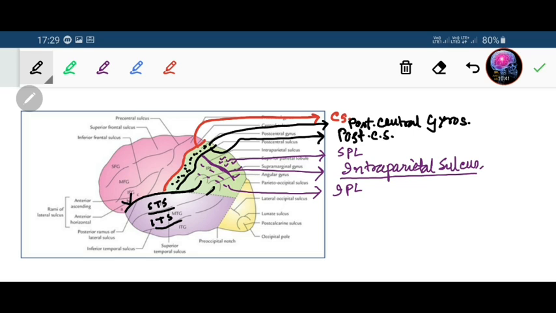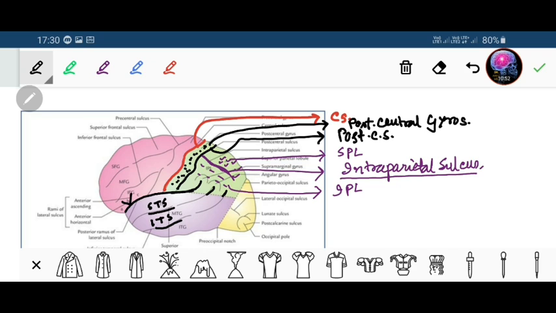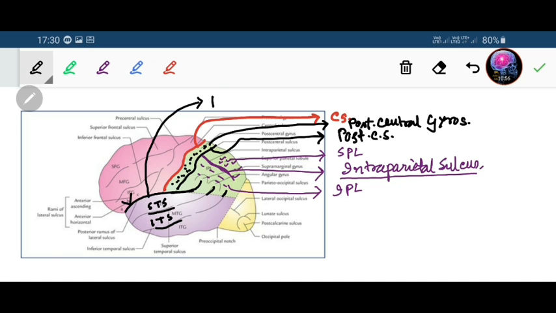The posterior end of both of them also extends into the parietal lobe.